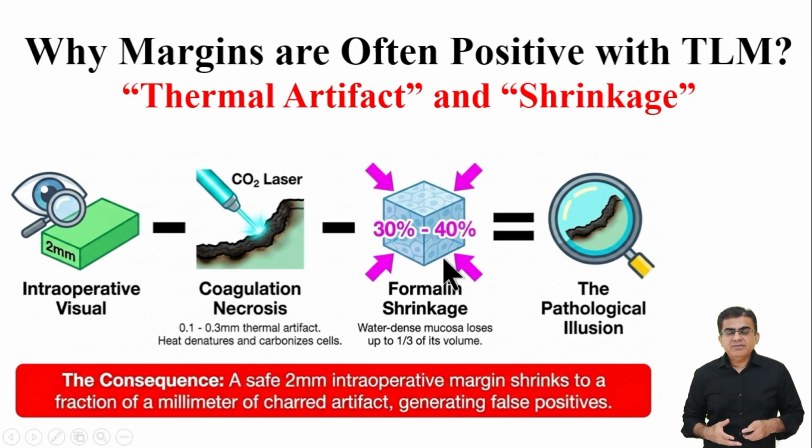Imagine you took a perfectly safe 2 millimeter margin in the operating room. By the time it reaches the microscope, it shrinks to a tiny fraction of charred artifact. This physical illusion is the exact reason why we see such a high rate of false positive margins in laser surgery.